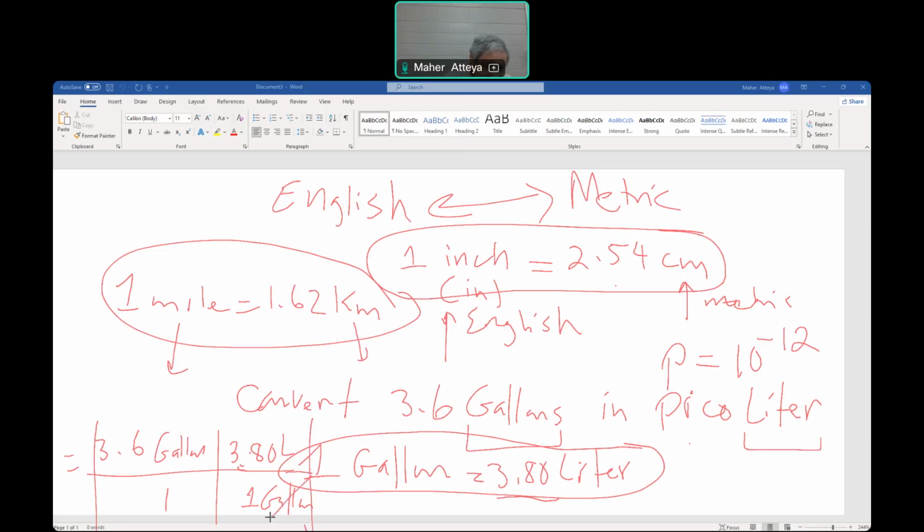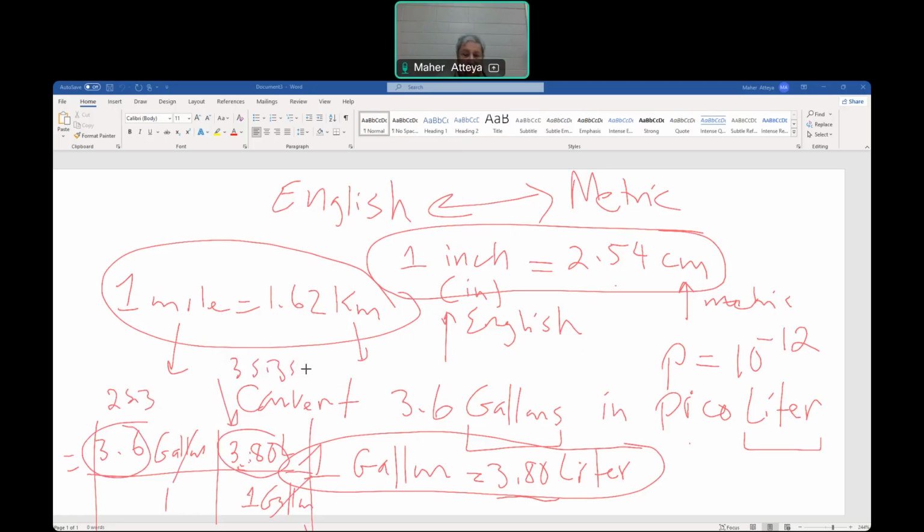The gallon cancels out. You multiply 3.80 by 3.6. This is 2 sig figs, this is 3 sig figs, so your answer has to be rounded to 2 sig figs.